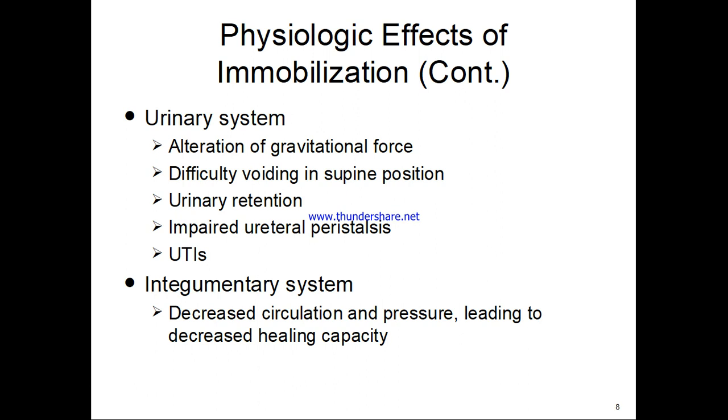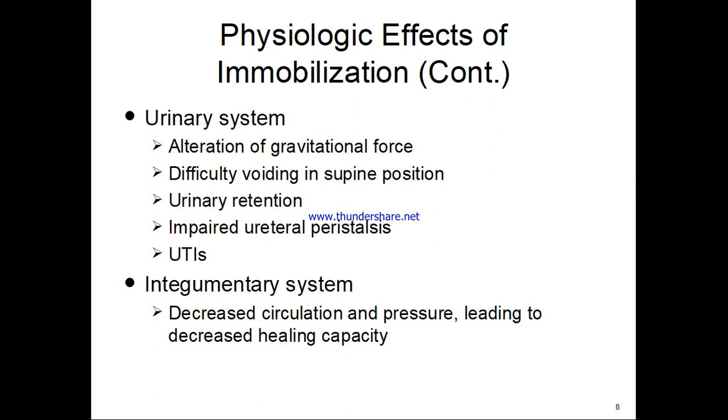Urinary effects of immobilization, alteration of gravitational force. They do not have gravity working in their favor to help move the urine through the urinary system. They could have difficulty voiding if they're in this flat position. Urinary retention. Impaired ureteral peristalsis. What is that?